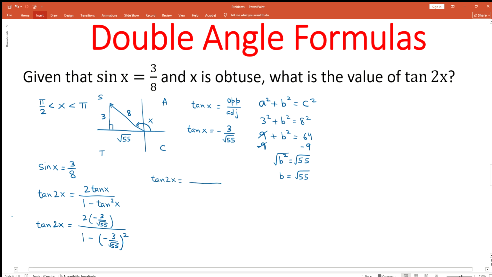In the numerator, we can multiply 2 and negative 3 over square root 55. The denominator of 2 is 1. We multiply fractions by multiplying the top numbers and the bottom numbers. I get negative 6 over square root 55. In the denominator, square of negative 3 is 9. Square of square root 55 is 55. Next we can subtract the terms in the denominator.